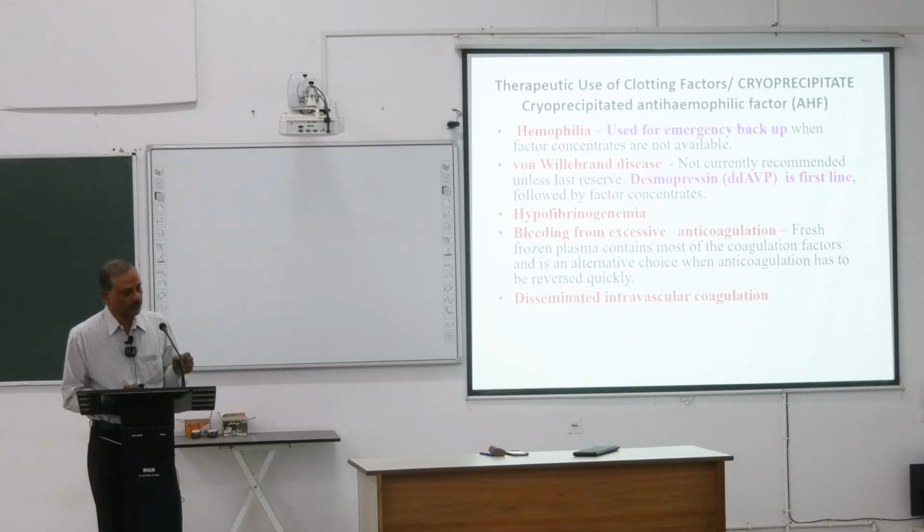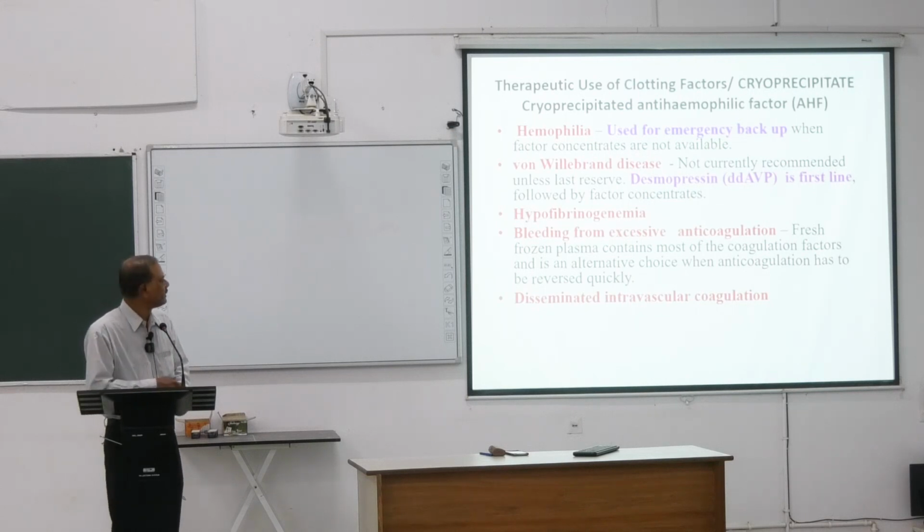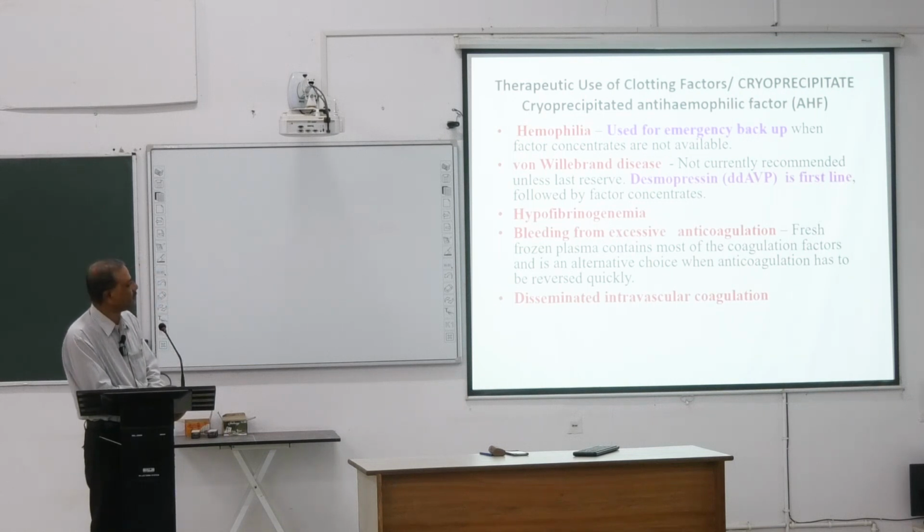I am even a victim of this, I must blame my cardiologist. They over-treated me, and I had a bleeding. Somehow I stopped it. I had a worse experience with these anticoagulants. So bleeding from excessive anticoagulation requires immediate control of the bleeding by cryoprecipitate.